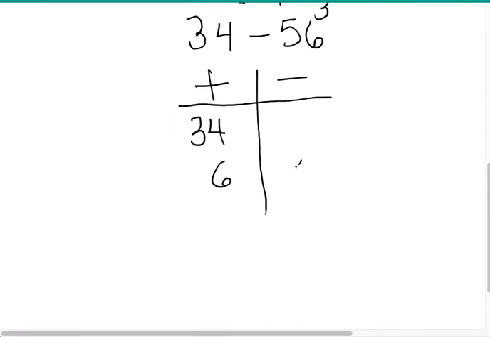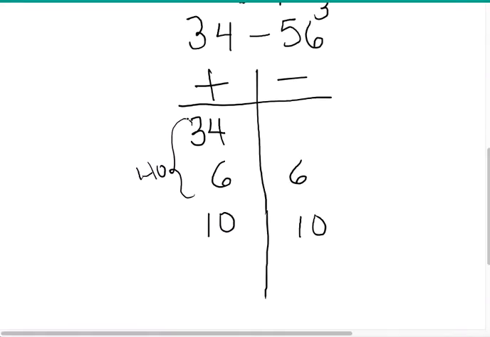I can add 6 to get to 40. Again, I can add as many 0 pairs as I want. So then I could add 10 more to get to 50, another 6 to get to 56.